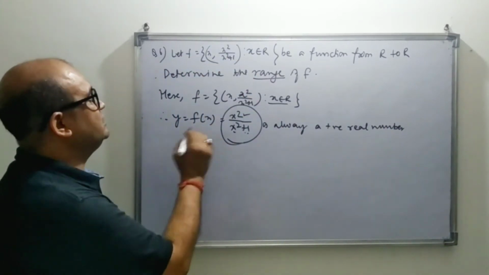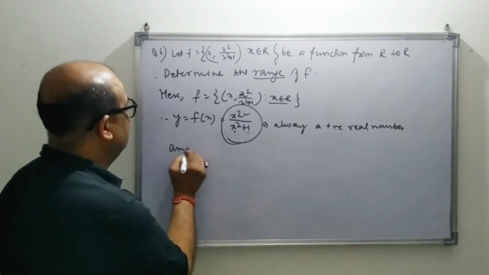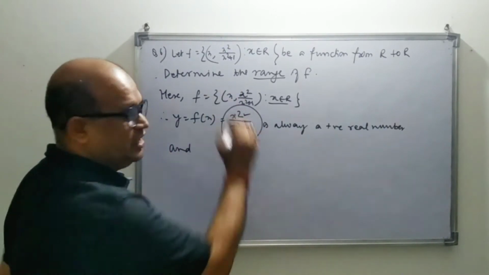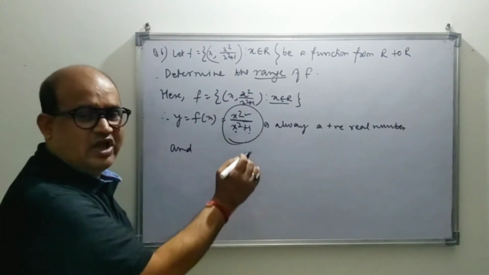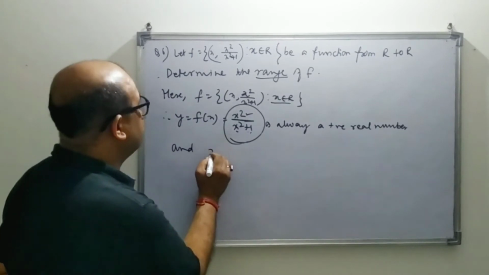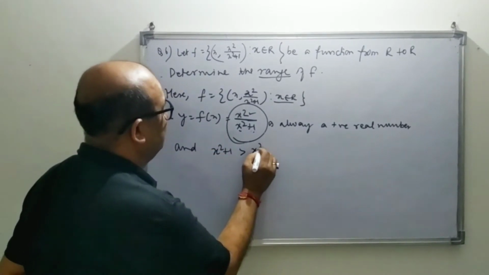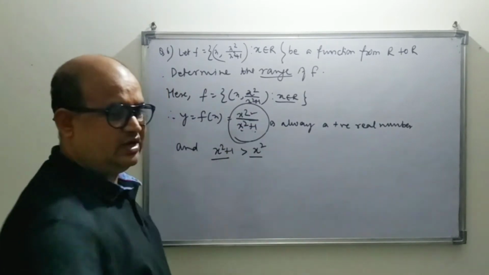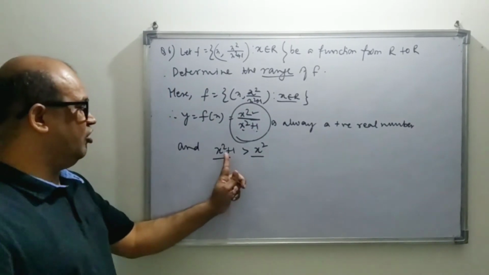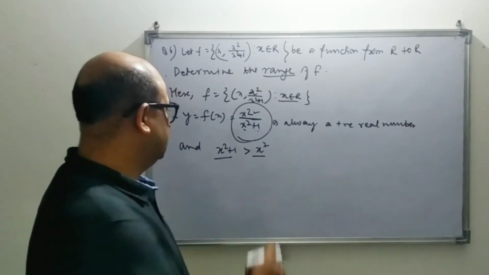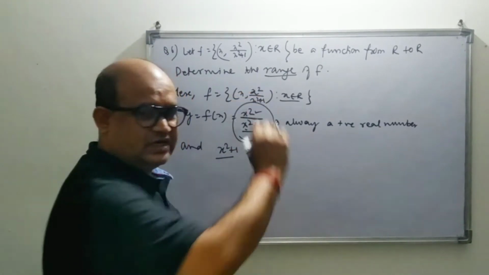Now the numerator is x square and the denominator is x square plus 1. So x square plus 1 is always greater than x square. For any real value of x, the denominator is always greater than the numerator.